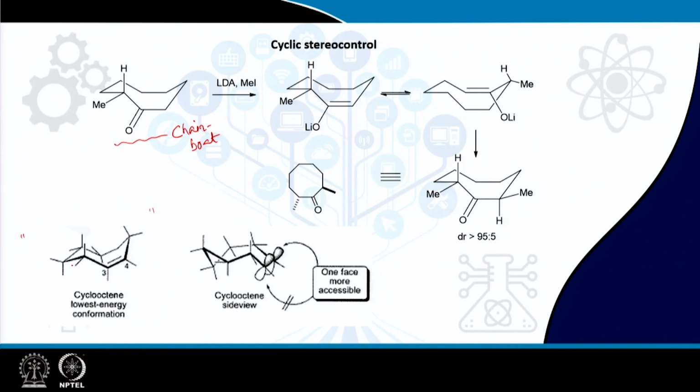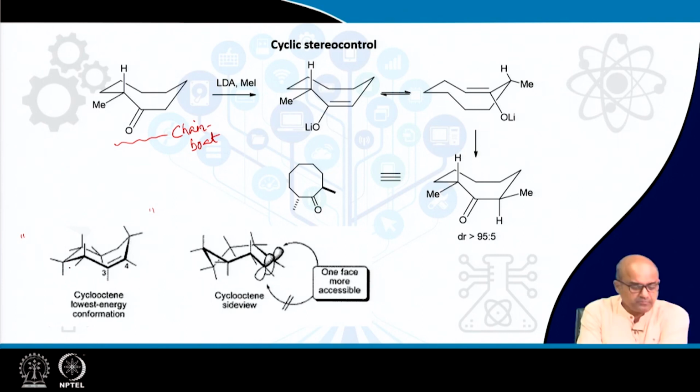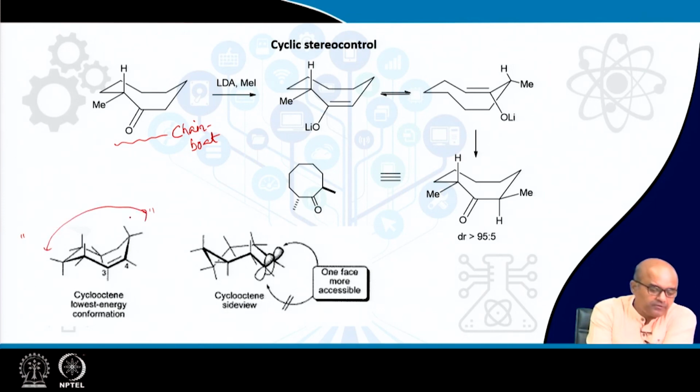Now, the ring is puckered in such a way that the bottom face is kind of squeezed and the top face seems to be much more exposed. So, the top face, or beta face as we call it, is much more open, or exposed.